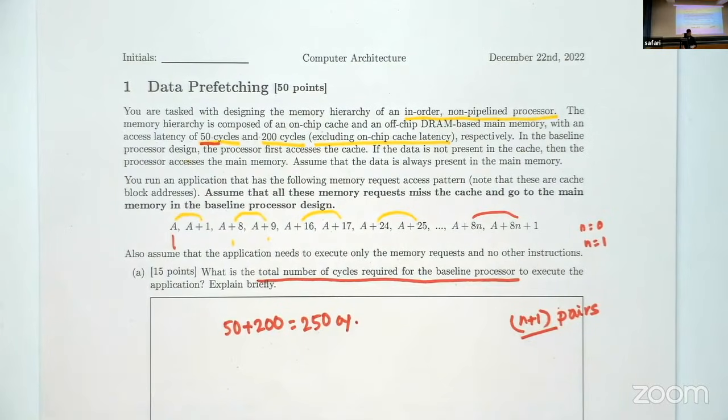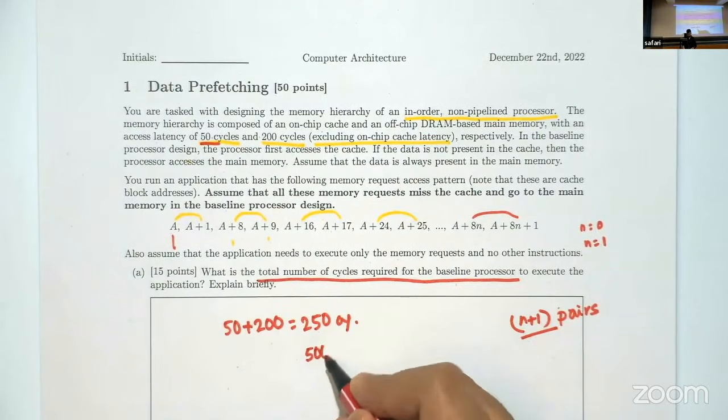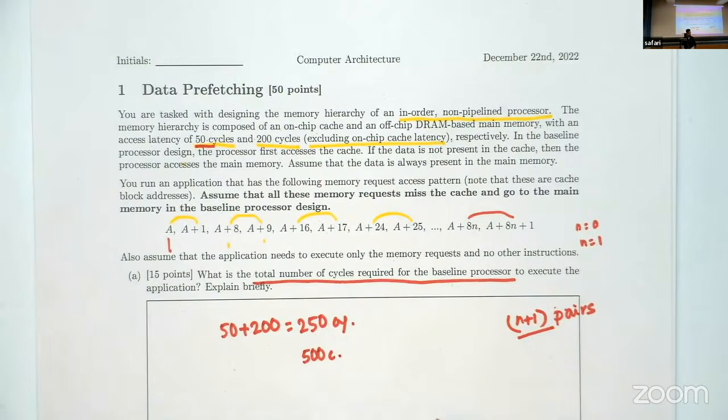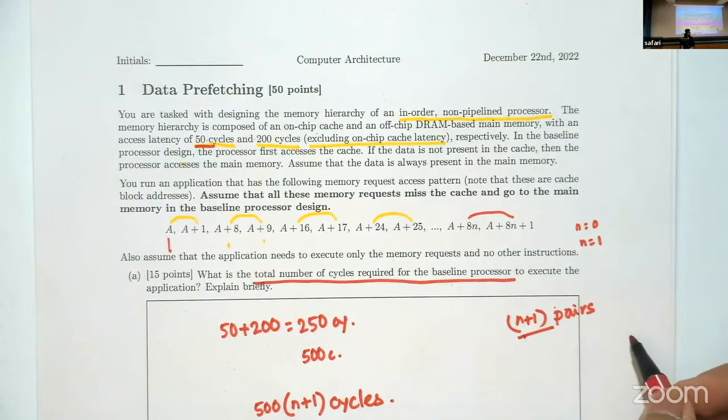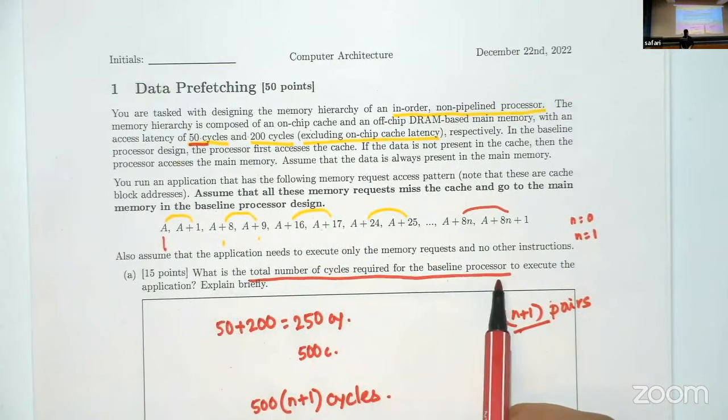With one pair of accesses, that takes 500 cycles per pair. So with n plus 1 pairs, in total it takes 500 times (n plus 1) cycles. Does it make sense? I hope it does. So that's the answer to the first question: 500 into (n plus 1) cycles.